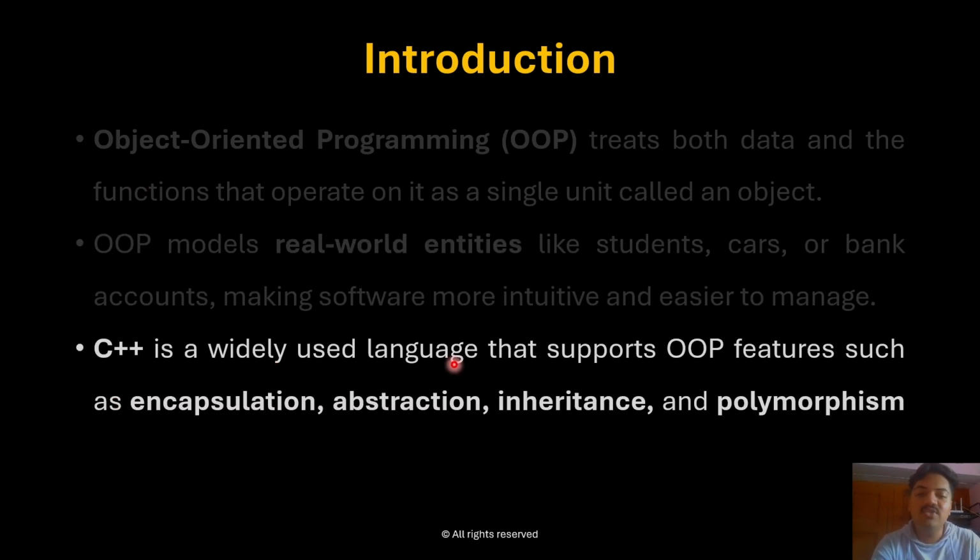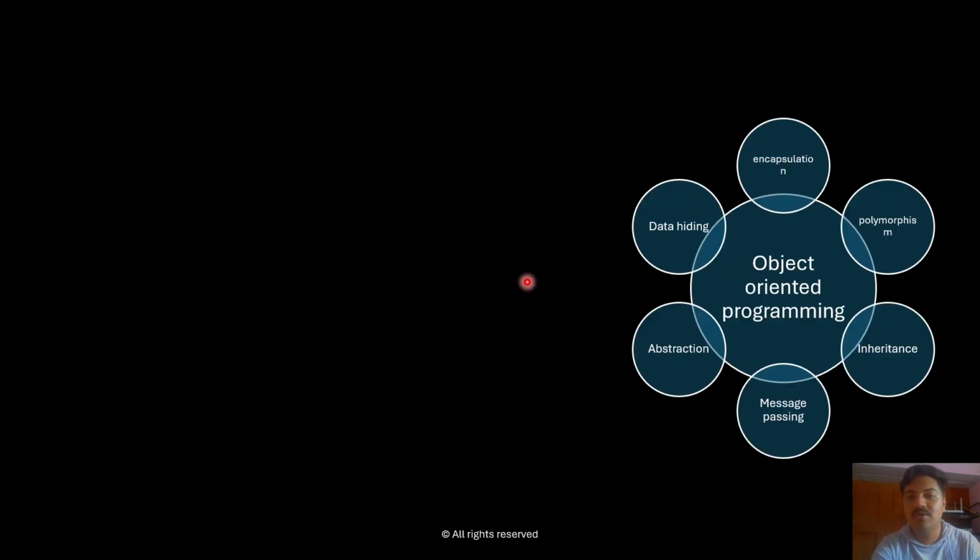C++ is a widely used language that supports object-oriented programming features such as encapsulation, abstraction, inheritance, and polymorphism. These four are the four pillars of object-oriented programming, and C++ is one of the most used languages that support object-oriented programming.